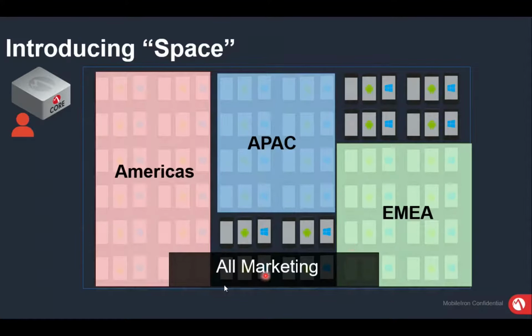Each space will have its own admins and its own set of users, and within each space they can integrate with their own local directories, and they can have policies and configurations created for their LDAP groups and users.